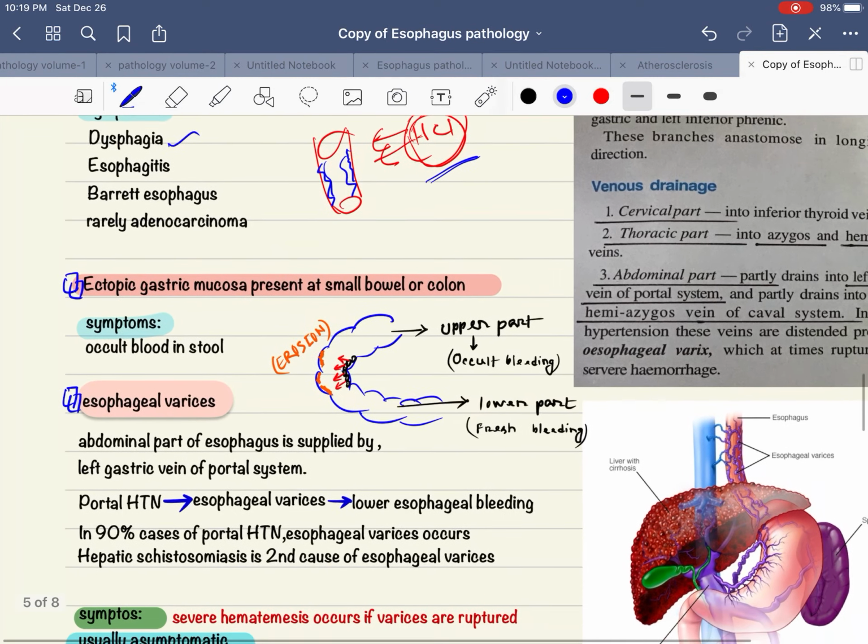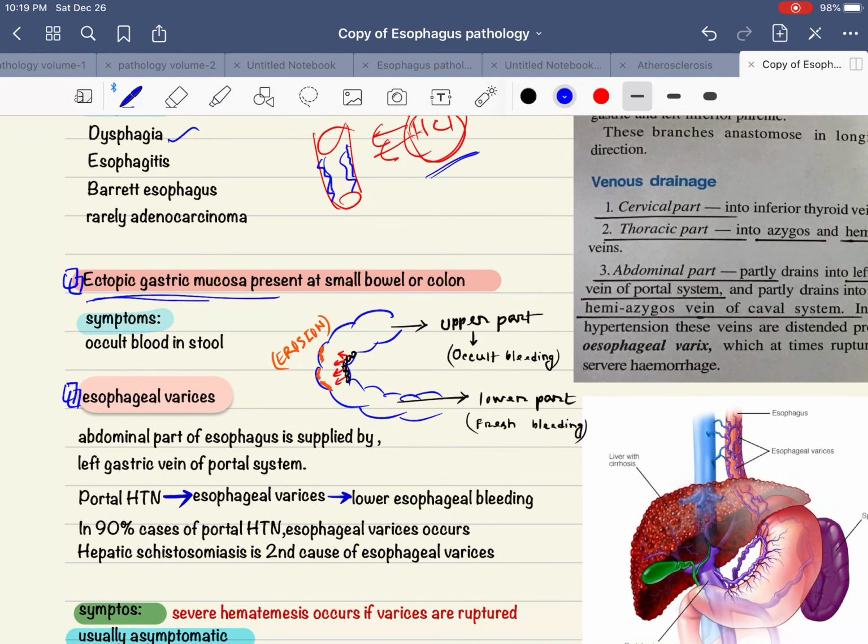Okay. And this ectopic gastric mucosa can also be present in your small intestine and large intestine. Suppose this is a small intestine, that means the upper part of the bowel or gastrointestinal tract. This small intestine is also not resistant to chemical stimuli, especially HCl.